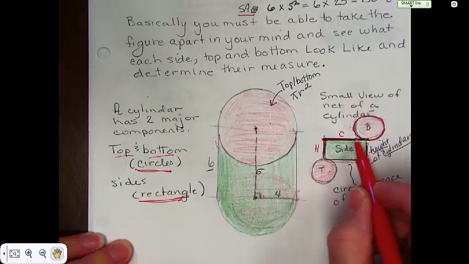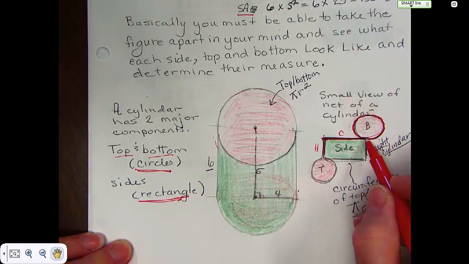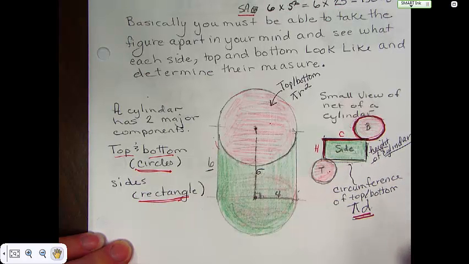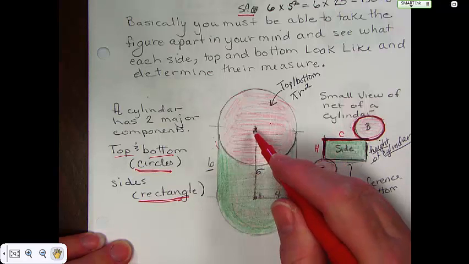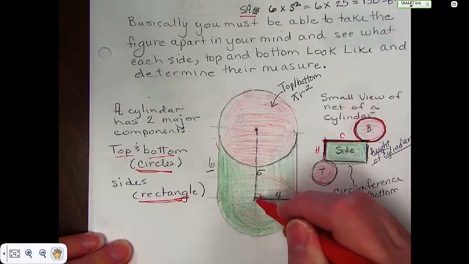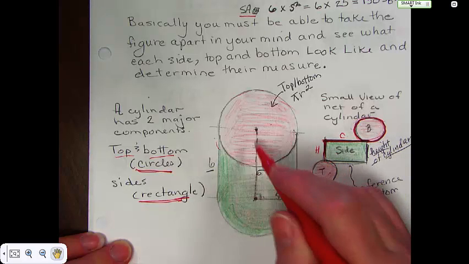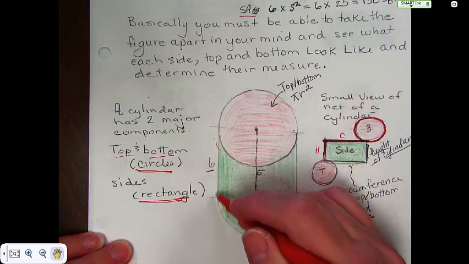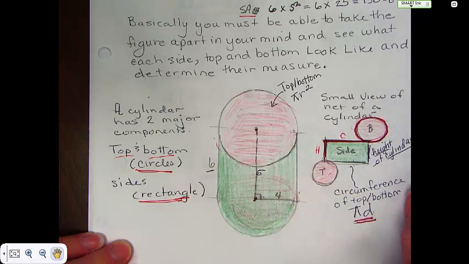The length of your rectangle will be the circumference of your circle, and to find circumference, you use the formula pi d. And the height of your rectangle will be the height of your cylinder, which you could find by looking inside the cylinder, or by looking outside the cylinder. It's usually labeled.